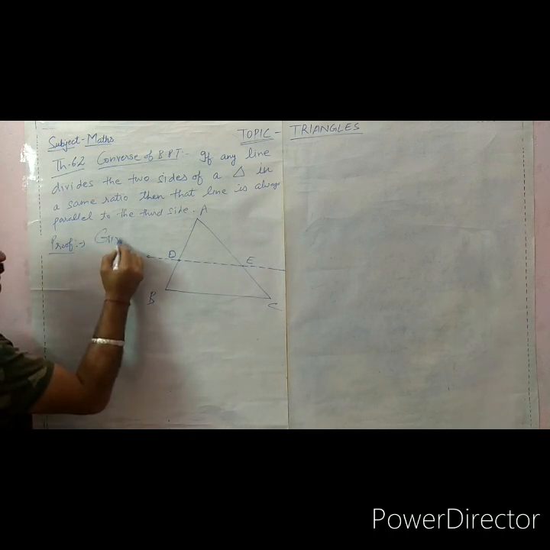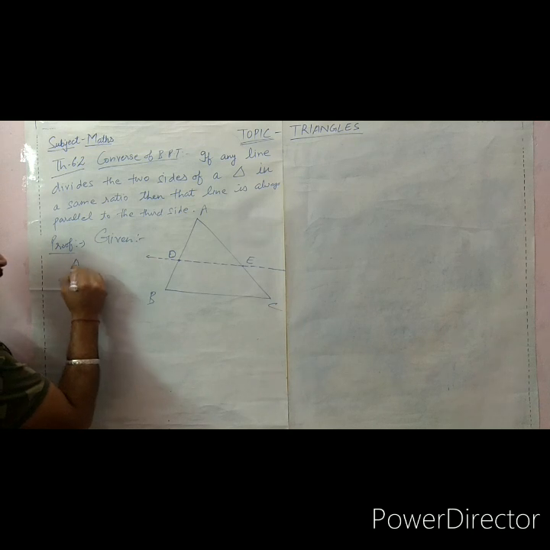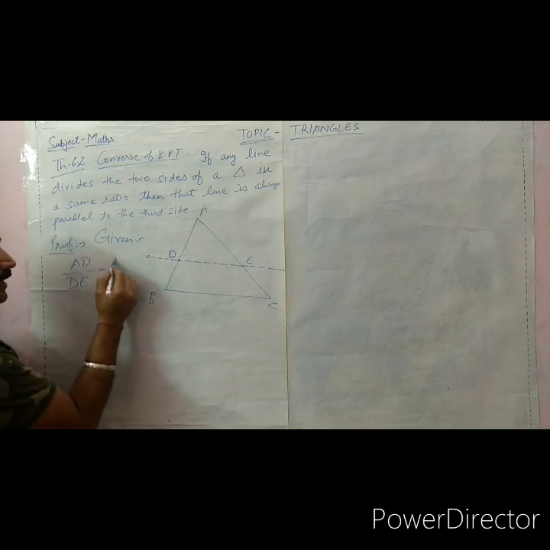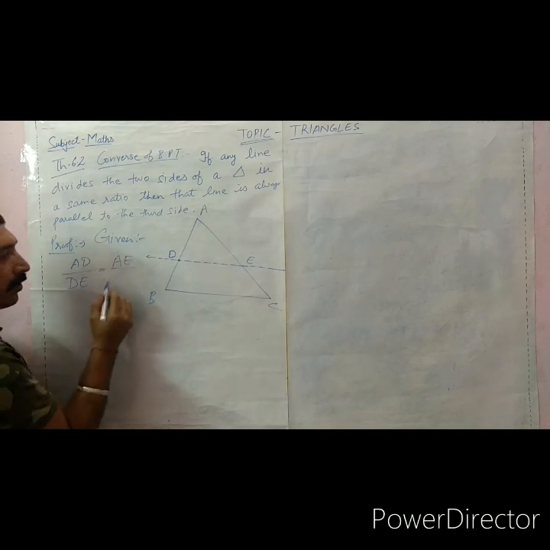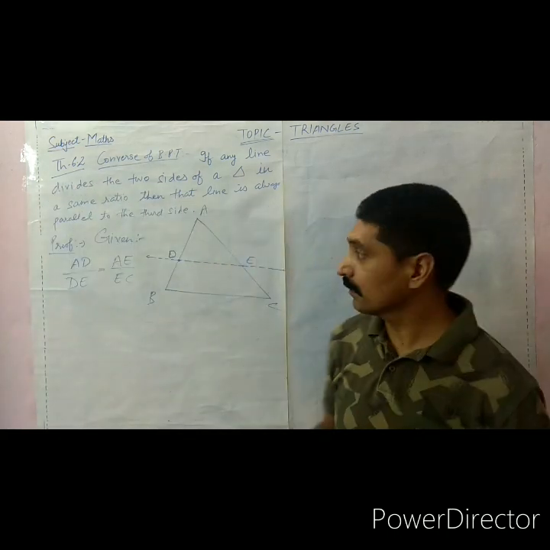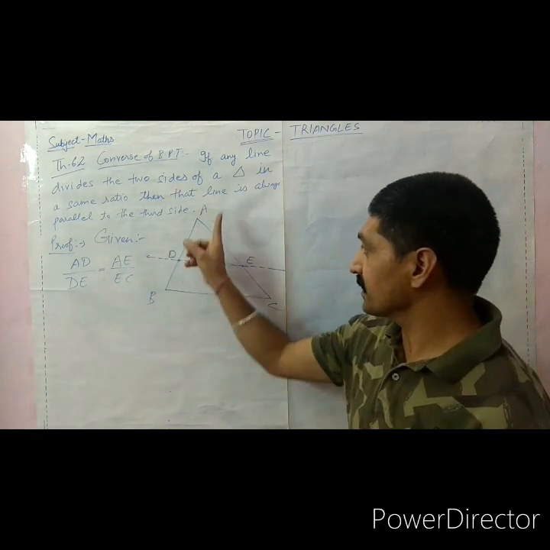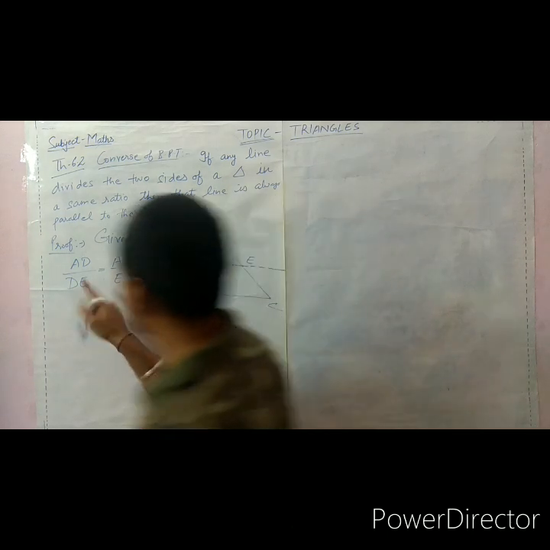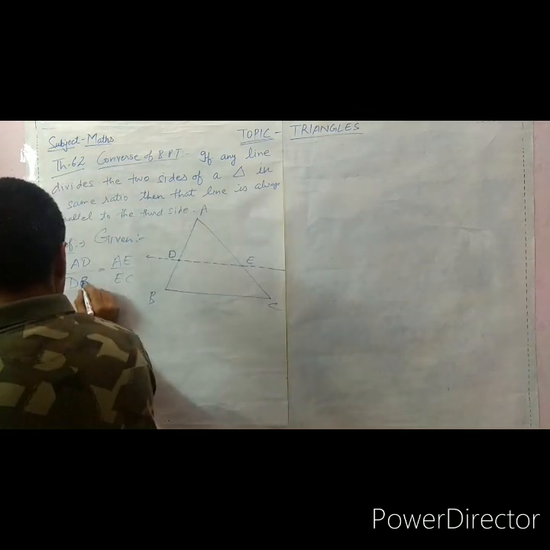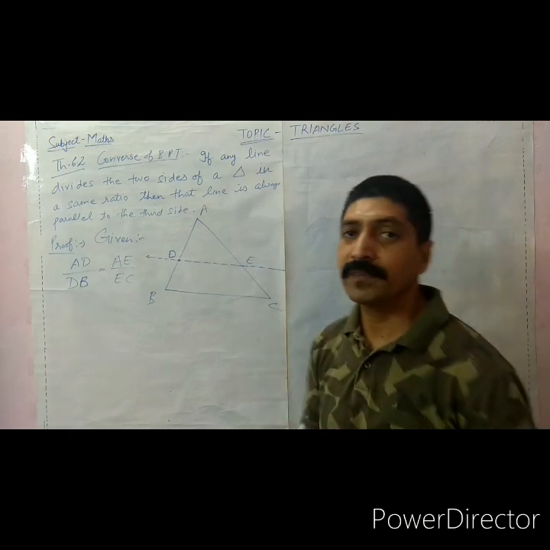Given here that AD upon DB is equal to AE upon EC.